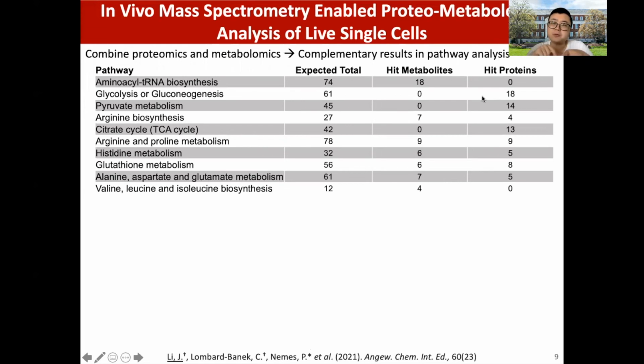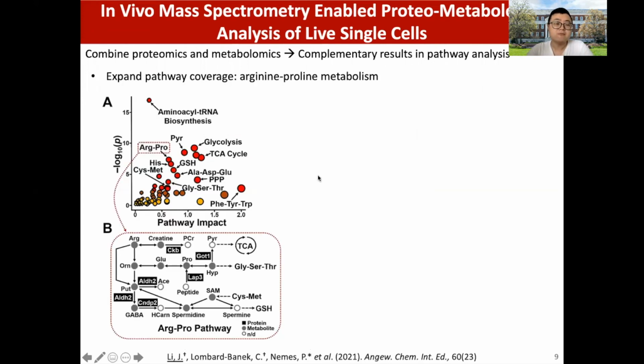If we only perform one omics, then we will lose the pathways for the other. For pathways where we detect both the proteins and the metabolites, for example, the arginine and proline metabolism, we are able to map both proteins and metabolites to expand the pathway coverage.